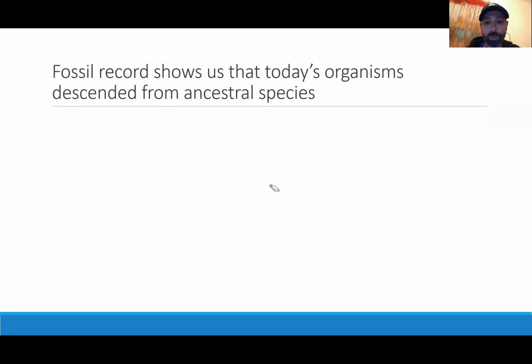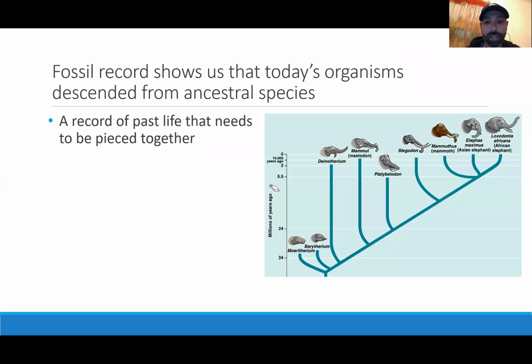And so one example that we can show here is a cladogram of the elephant family, right? And we have a lot of fossils for these kinds of organisms, right?